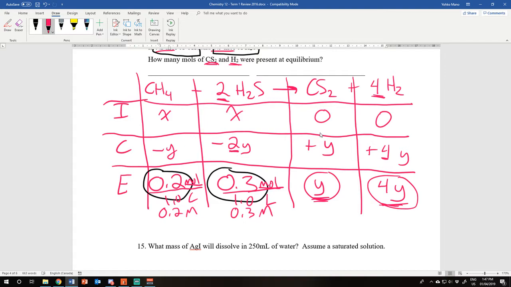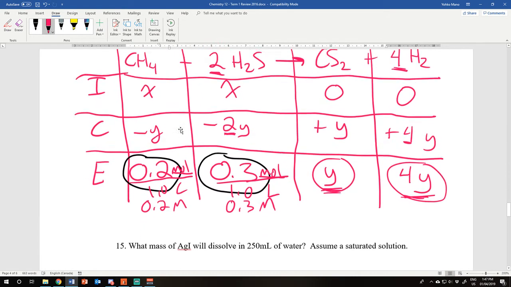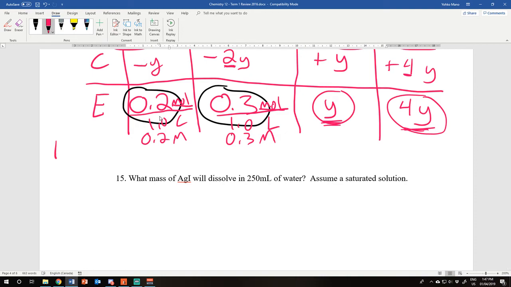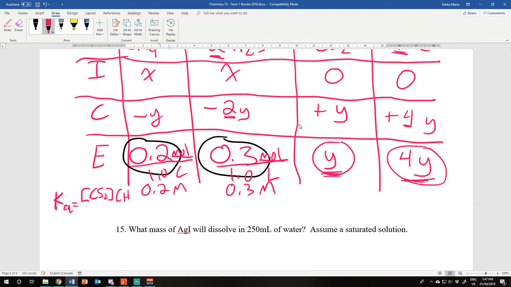So here's the concentration of CH4, the concentration of H2S. Going back to my Keq equation, maybe I'll zoom in a bit more. Keq will then be the concentration of CS2, which is unknown, and then the concentration of H2 to the power of 4 over the concentration of CH4 times the concentration of H2S squared.